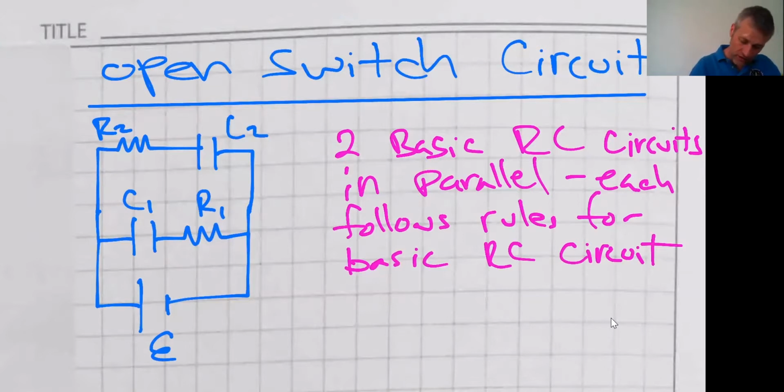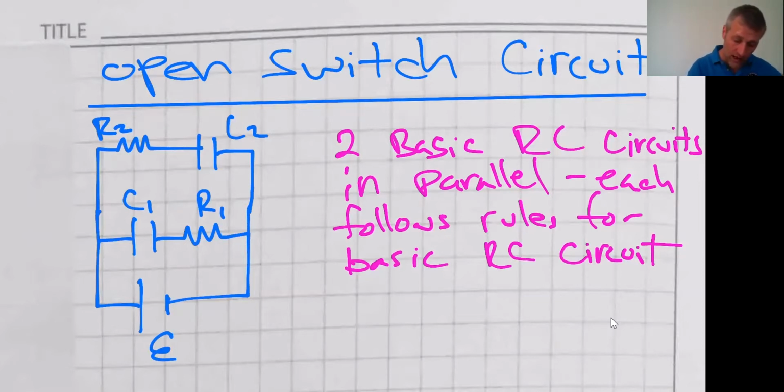And the current through the top branch is going to be epsilon over R2. If you wanted to find the total current, you would add epsilon over R1 plus epsilon over R2. That would be the initial current, the second that the battery was connected. I don't know that they're asking about that.